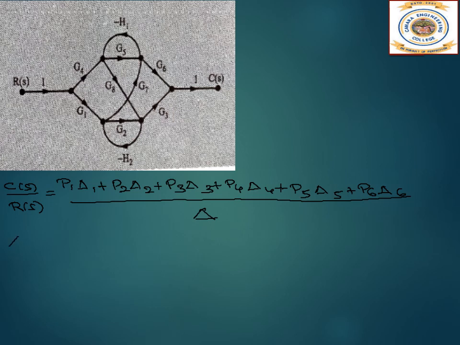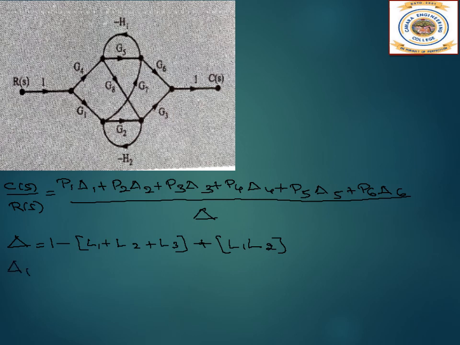Now what is delta? Delta is equal to, this depends on the loops, 1 minus L1 plus L2 plus L3 plus a pair of non-touching loops L1, L2. Okay. Then now we have to write what is delta 1, delta 2, delta 3, all that.